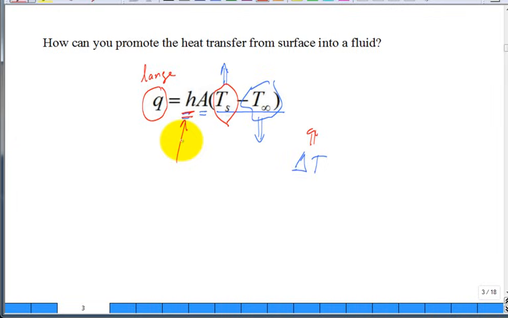If I increase the velocity, I increase maybe something like turbulence or mixing, ripping into that boundary layer. A lot of those concepts were introduced in Chapter 1, and it promotes a high h. What also could you do? Increase the area. And that's what fins do. This is what fins do. They increase the area that the fluid's in contact with.